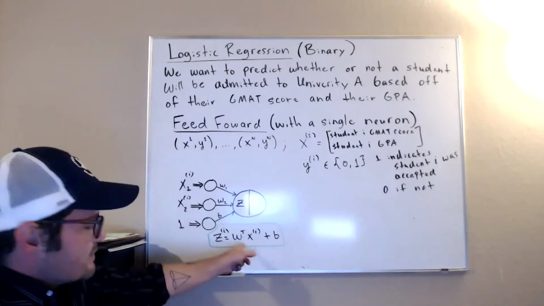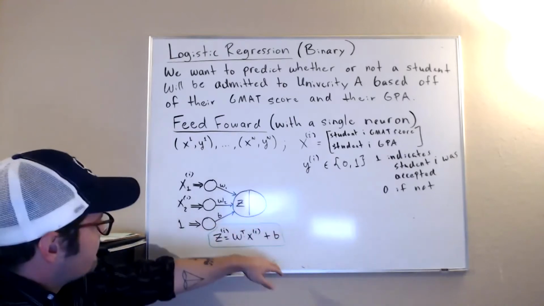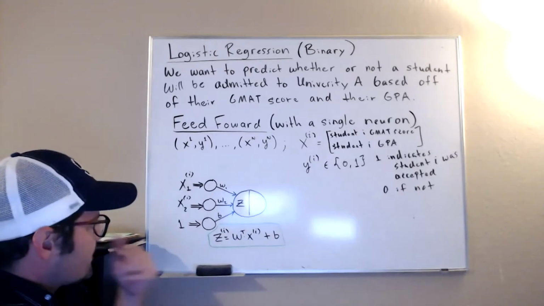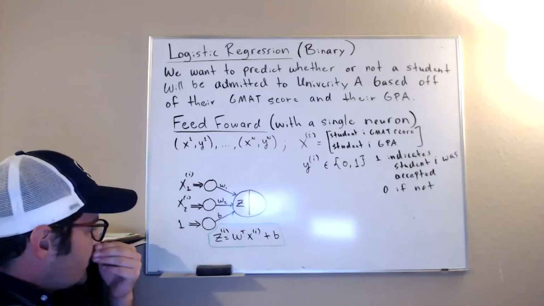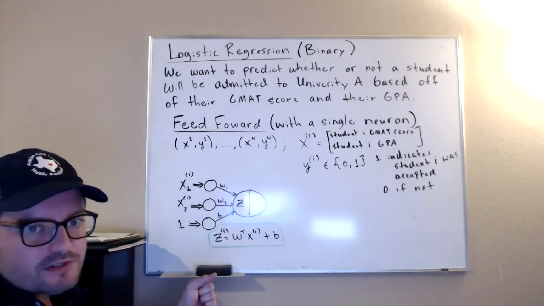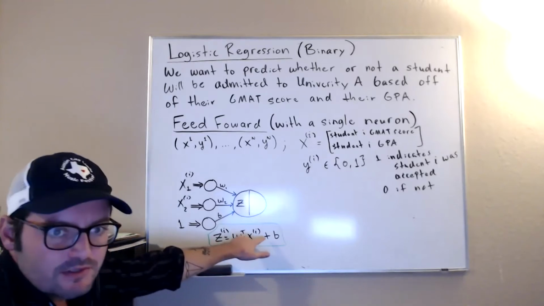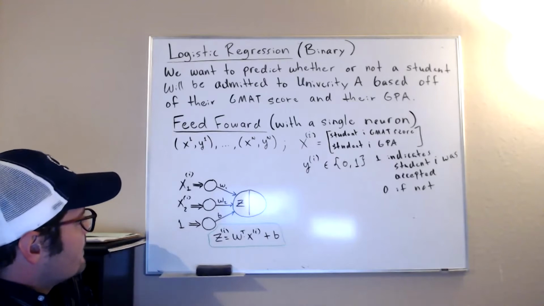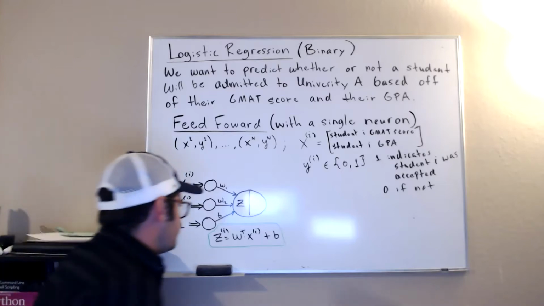Now, this value is not going to be a probability, right? This value can range from negative infinity to positive infinity based off of the varying weights and biases you pick. However, there are ways to squish this number into a value between 0 and 1.